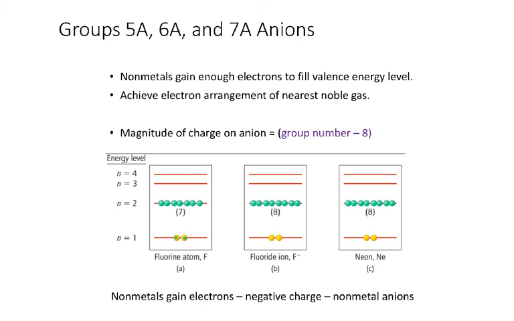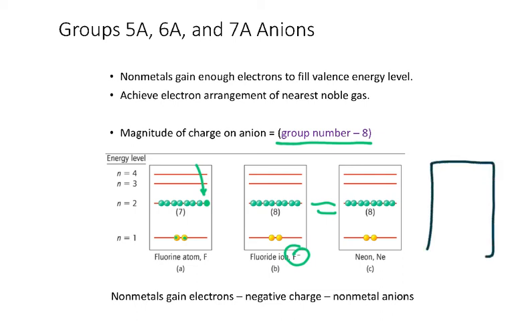And so if we add 1 more to get F minus, then it looks just like neon. And it looks just like sodium plus, remember, or magnesium 2 plus. The difference is the number of protons, right? So the charge of a 7A anion is minus 1. So the magnitude of the charge on the ion can be found by taking the group number minus 8.